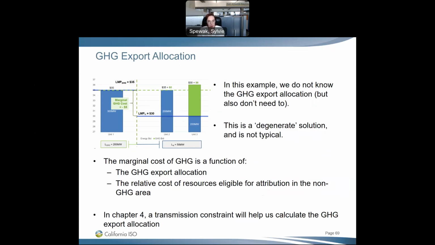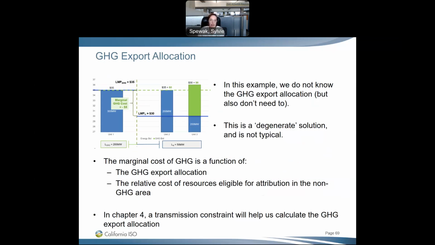In the example we just went through, any GHG export allocation, whether it was 0 because we were taking all of the capacity we needed from Unit 1, or 200 because we were taking all of the capacity we needed from Unit 2, in either case, we would get the same marginal cost of GHG.